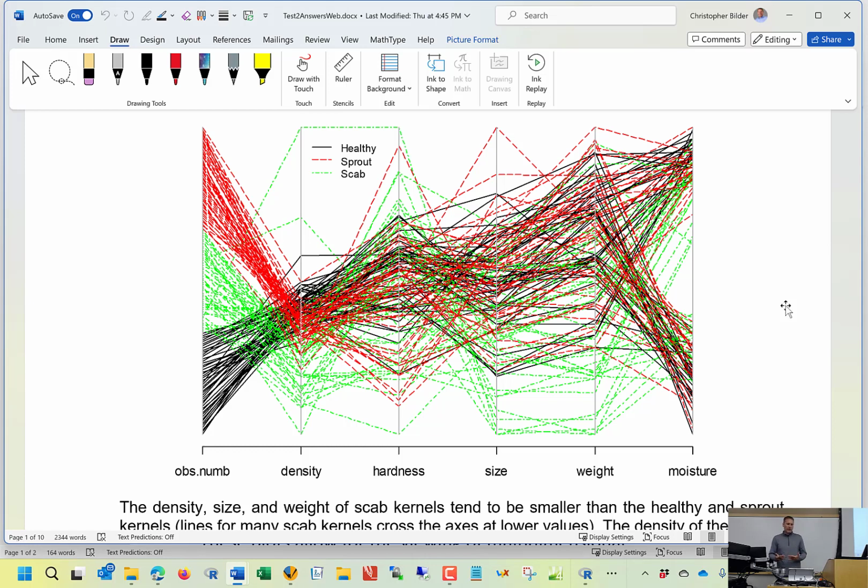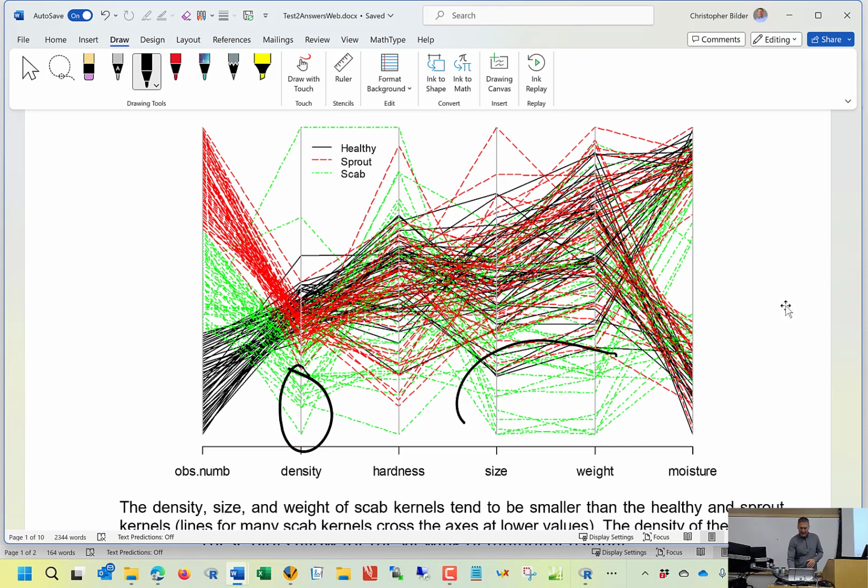But don't just focus necessarily on, let's say, one of the variables. One of the beautiful things about these parallel coordinate plots is that we can see trends across the variables. So for example, we can easily see for size and weight that if I have a low size, I tend to have a low weight as well. And so those are trends that I would focus on here.